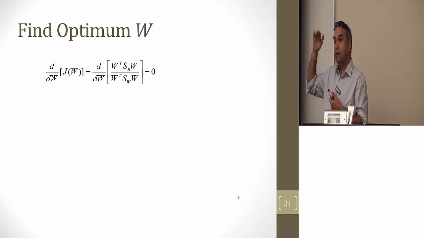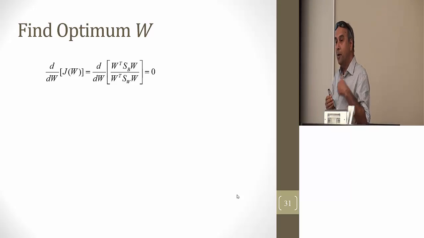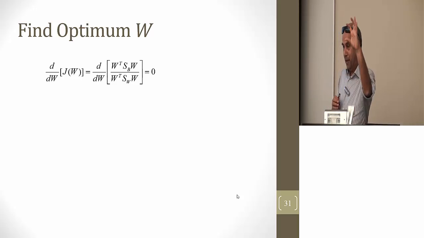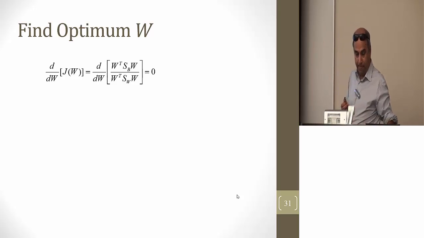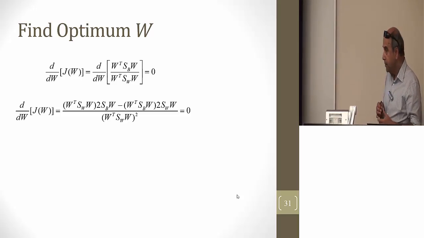Whenever you have a function with a numerator and denominator, how do you find its derivative? What's the first thing you do? You take the denominator, square it, and then in the numerator, keep the denominator constant and differentiate the numerator, minus, then keep the numerator constant and differentiate the denominator. That's what you learned, okay? That's what we're going to do.